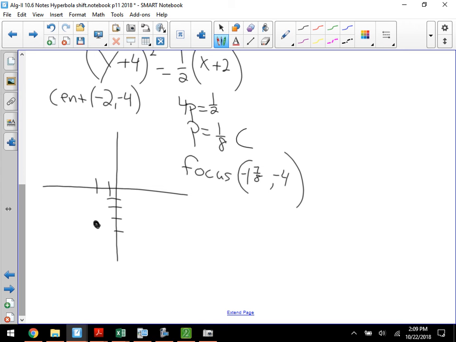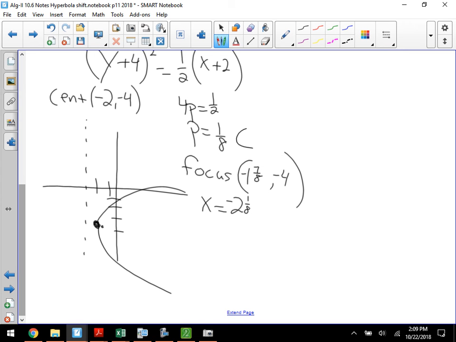Either one of those is fine. Your directrix then has to be a vertical line, since it's doing this, at x equals -2 1/8, or -17/8. Sometimes a mixed number makes a little bit more sense to use. It's a little bit easier.